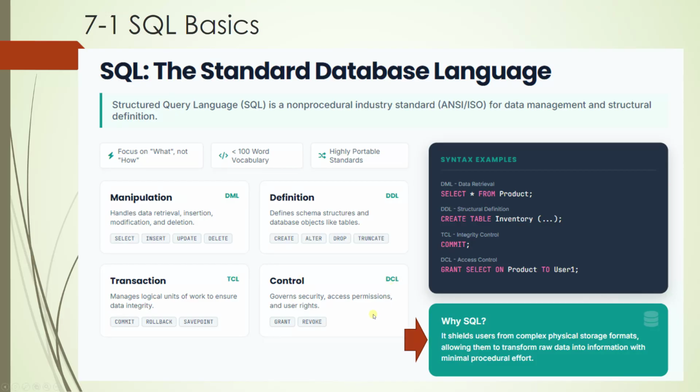Each has its own set of commands. Select, insert, update and delete are for manipulation. Create, alter, drop and truncate are for data definition. Commit, rollback and save point are for transaction control. And grant and revoke are used for data control language.